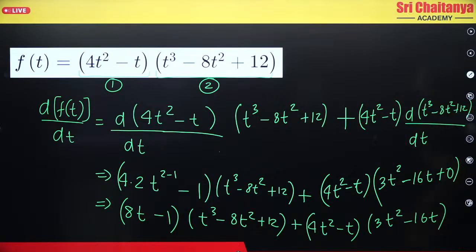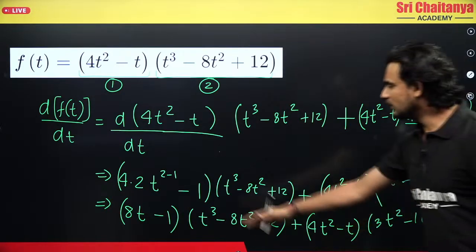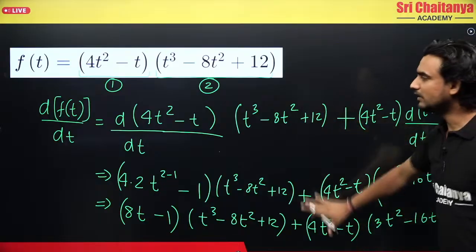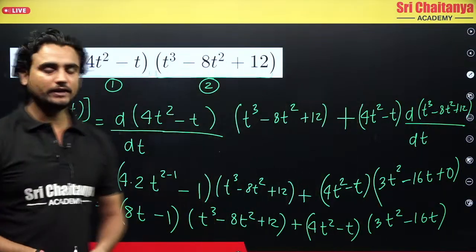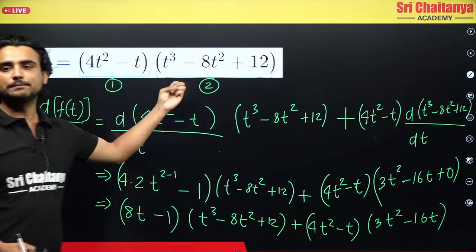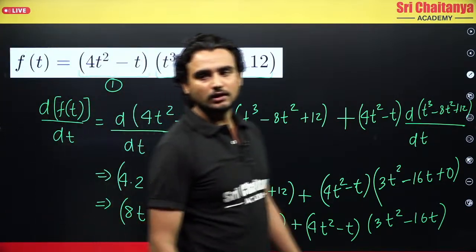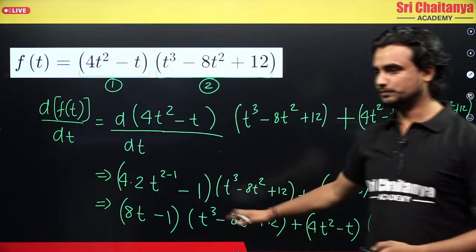Okay, so this is my final answer. Now we can do all the maths, but this is how you find the derivative of this function. So what did we have here? We had two functions which were in multiplication. Okay, clear? I hope this is clear to you.